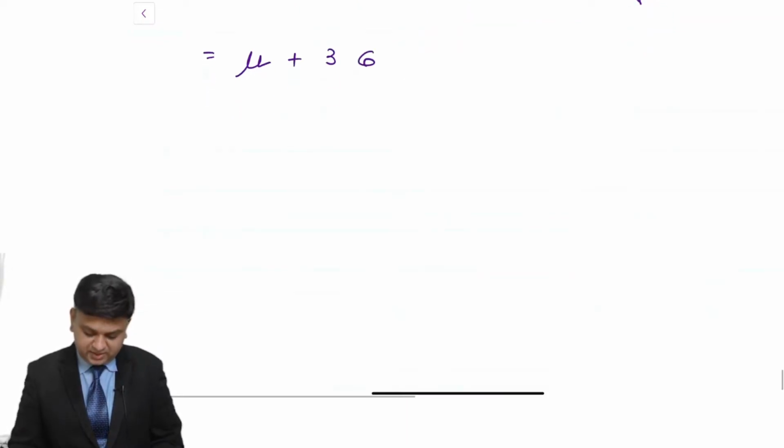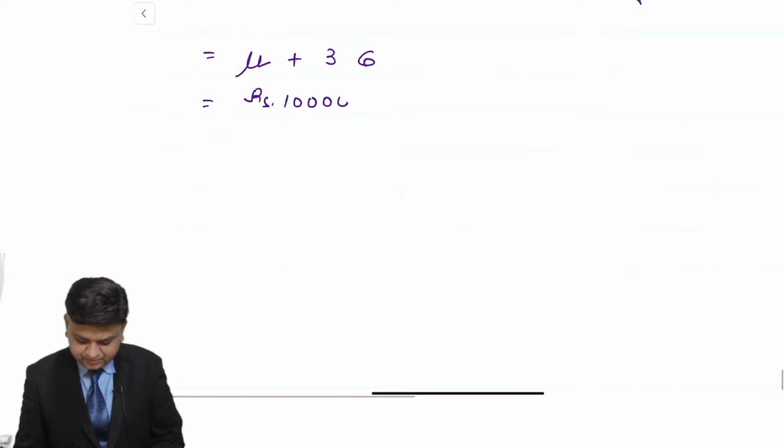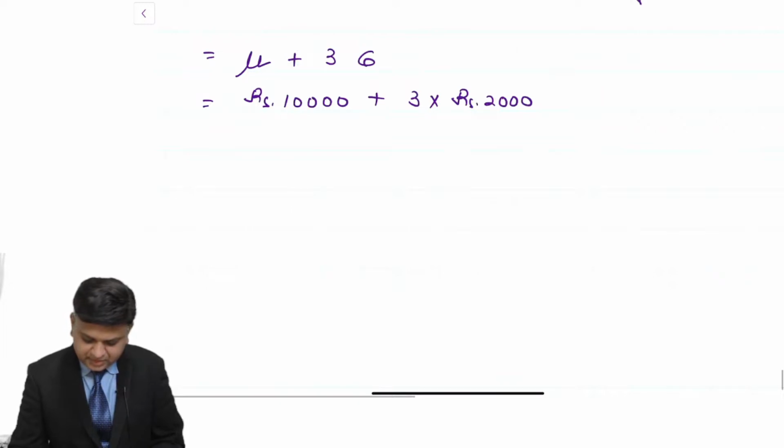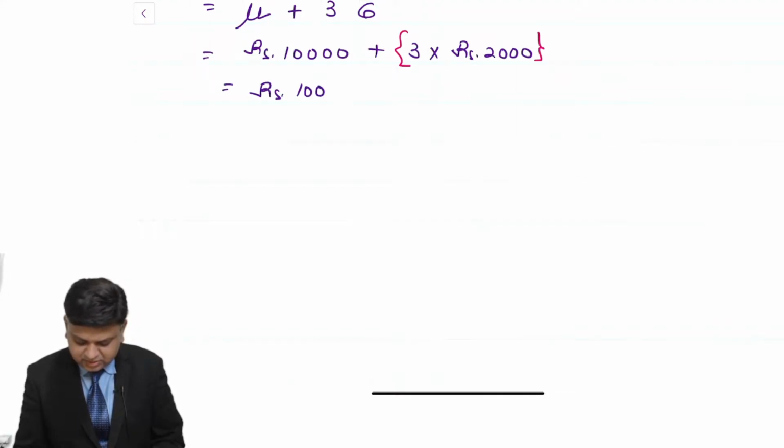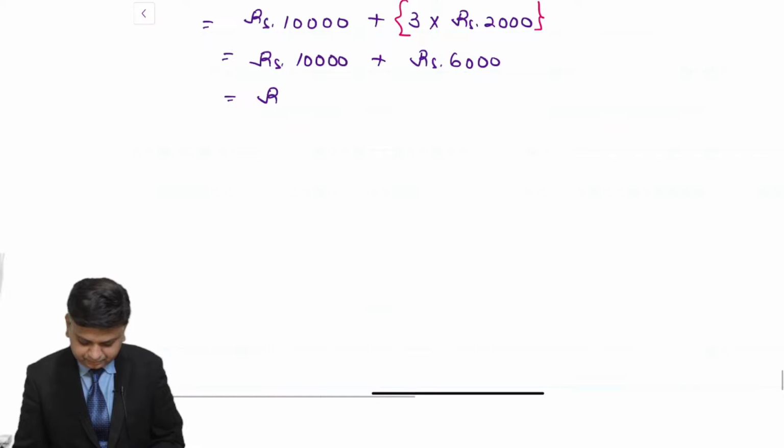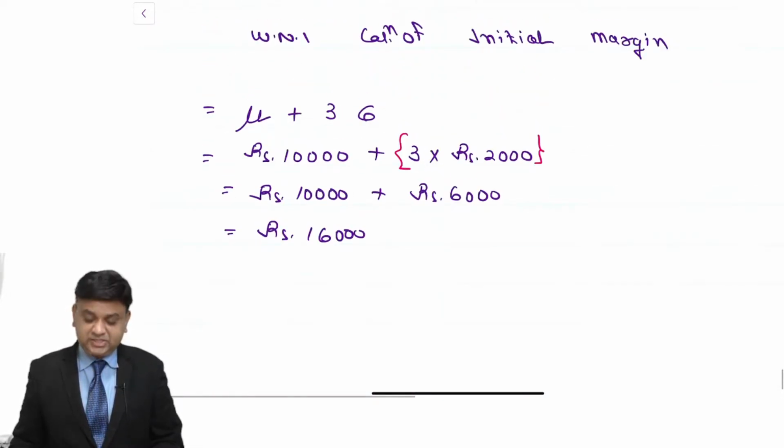Mu means x bar, which is provided over here as 10,000, plus 3 standard deviation, that is 3 into 2,000. So this is the ready-made formula which they follow so as to cover the maximum risk of the price fluctuation. That comes to rupees 10,000 plus rupees 6,000, rupees 16,000, that is initial margin.